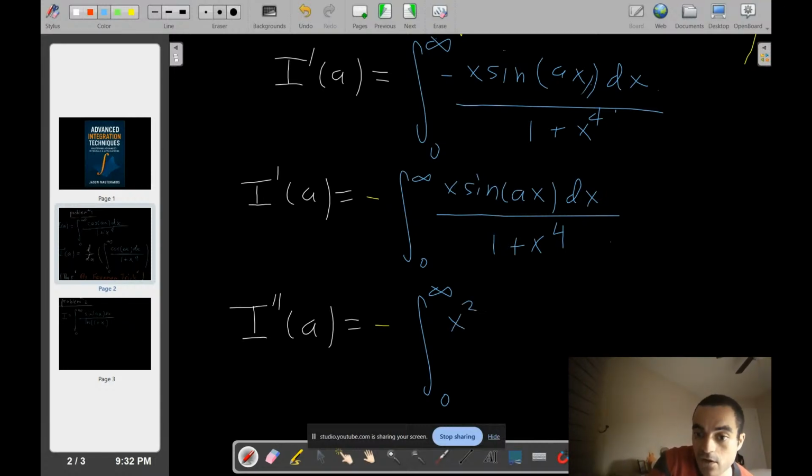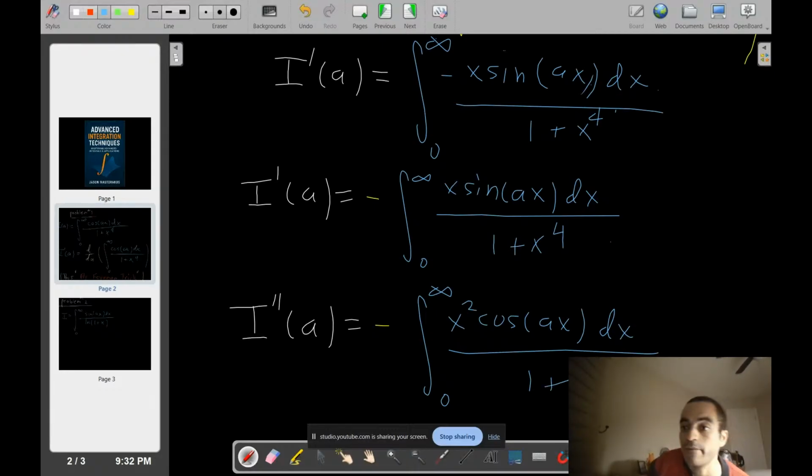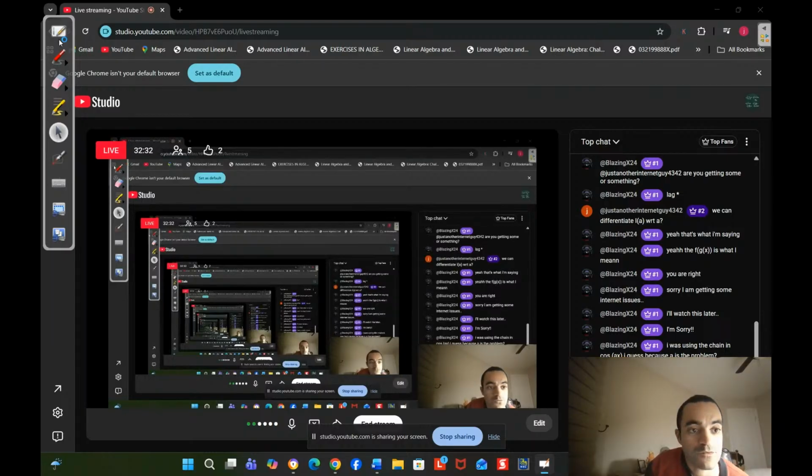This becomes x squared, and I'm differentiating the sine of ax with respect to a, so this becomes x squared cosine of ax dx divided by 1 plus x to the 4. That's what we've got right now.